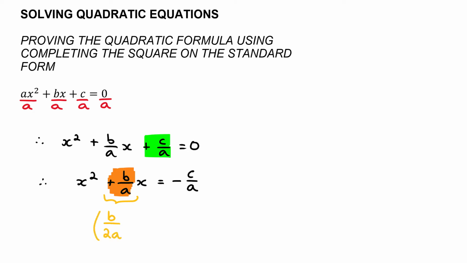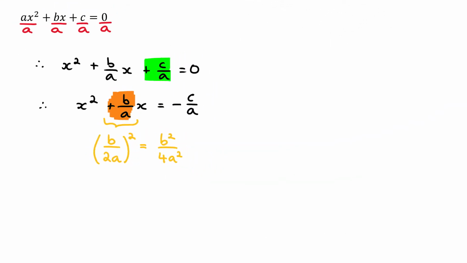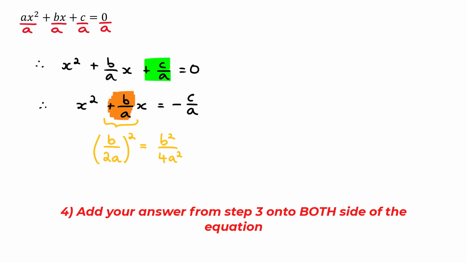And if we square it, we're going to end up with b squared over 4a squared. And if you have seen the quadratic formula before, you're already starting to see the resemblances because of this b squared over 4a squared.